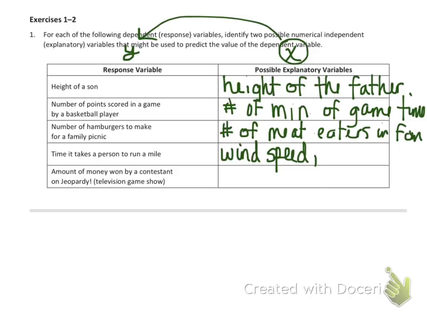Okay, amount of money won by a contestant on Jeopardy. We could say the amount of money won might depend on the years of education of the contestant.